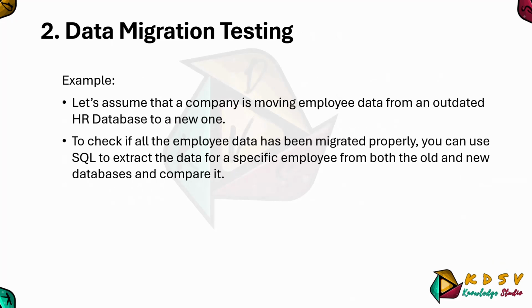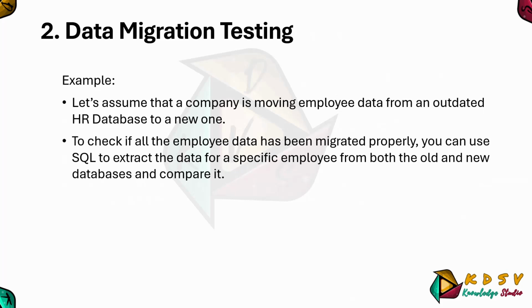Let's take an example. Imagine a company is upgrading its HR system. All employee data is being migrated from an outdated HR database to a new modern one. As a QA engineer, your job is to make sure that data has been copied exactly without any loss or change. And SQL is your best tool for that.